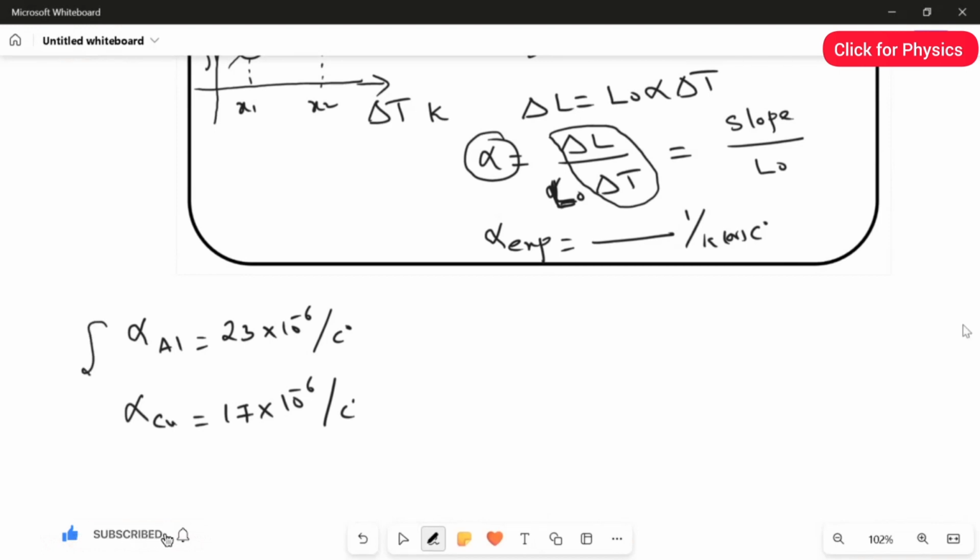These two are the standard or actual values, and the answer you get from the graph is your experimental value. So the answer of your experiment should be close to the actual value.